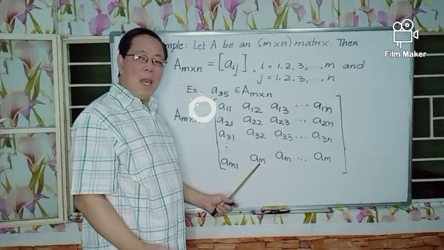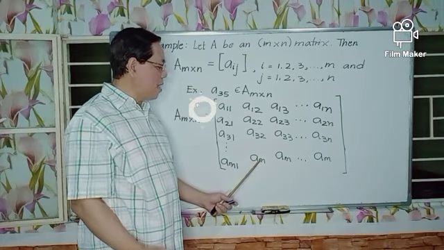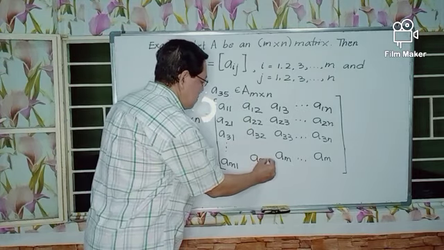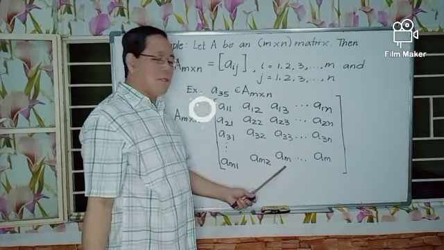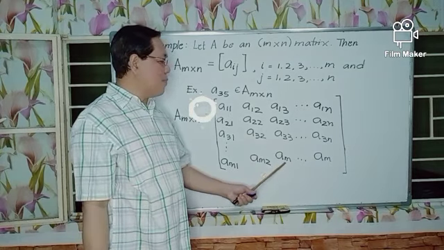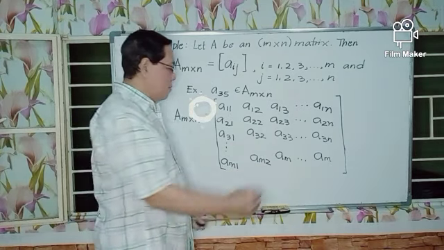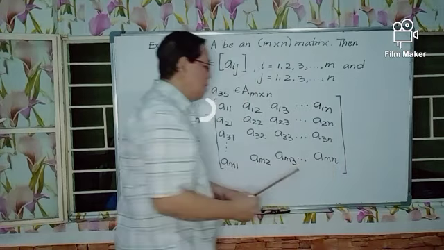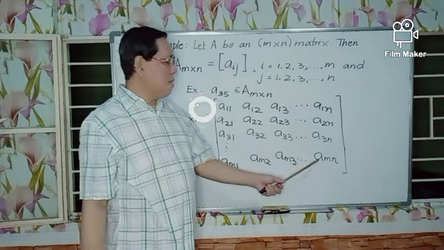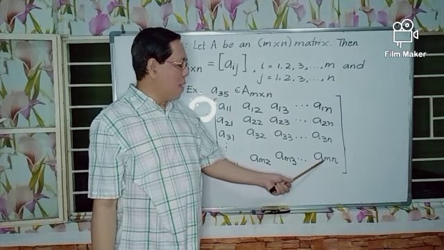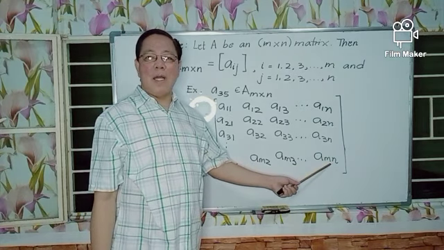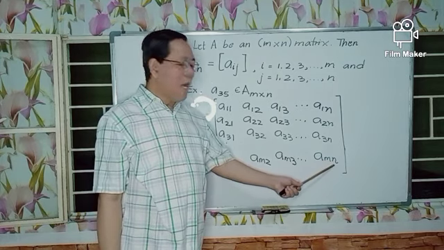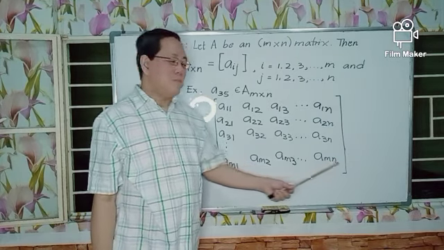And this will be A sub m2, entry in the mth row and second column. And this is the entry in the mth row, third column. And this entry, A sub mn, means it is an entry in matrix A in the mth row, last row, and nth column, last column.